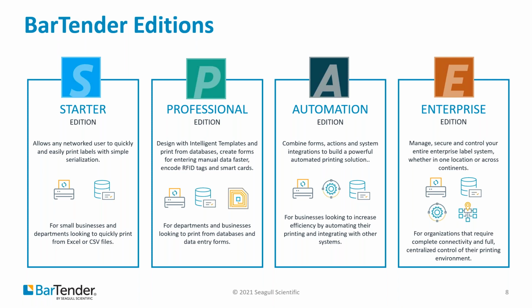At the enterprise level, this is when you're doing more than say 25 new labels a year, and the management and security of your labels are becoming a major concern for you. If you are spending any time trying to figure out who has what label template and where, you need Enterprise, because that's what Enterprise helps you do.